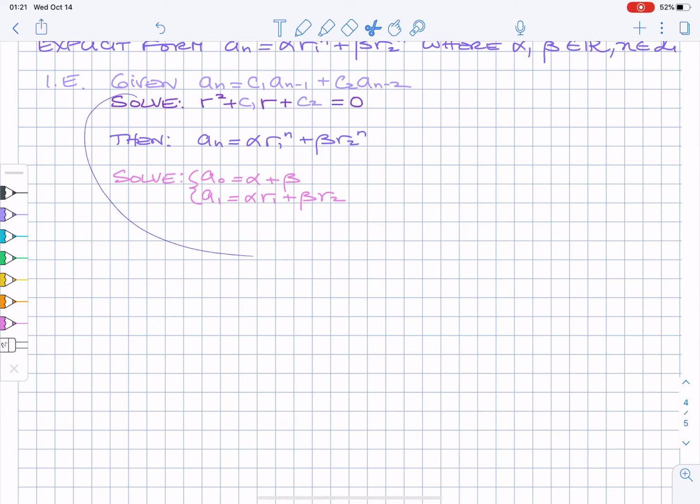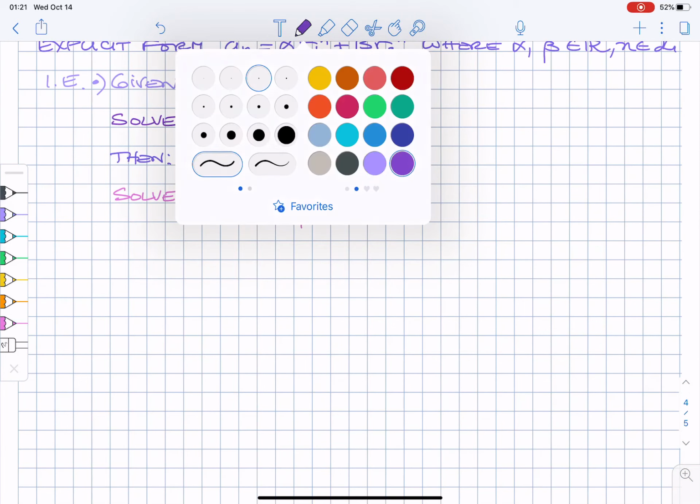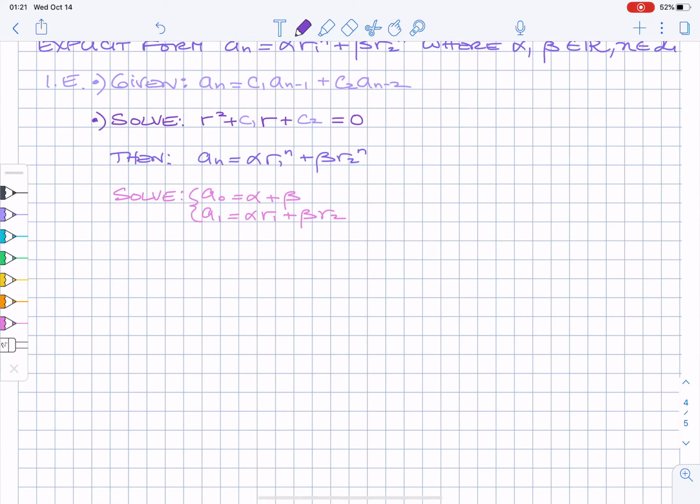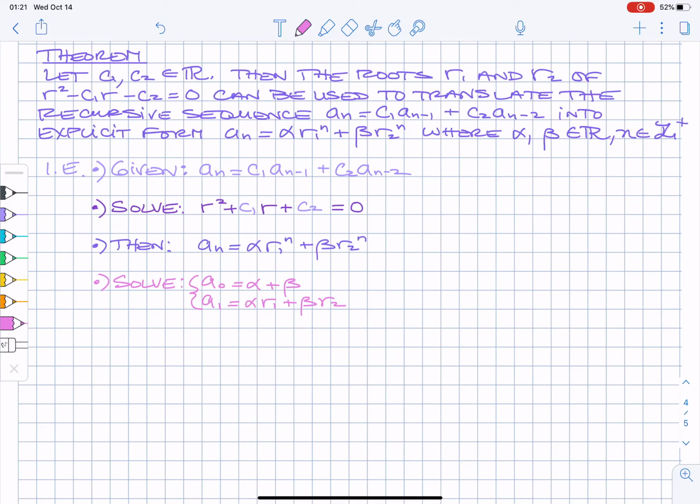Okay. So these are the steps. So given, so this is step 1, then we have step 2, then step 3, then step 4. These are the steps to rewrite a recursive formula in explicit form.